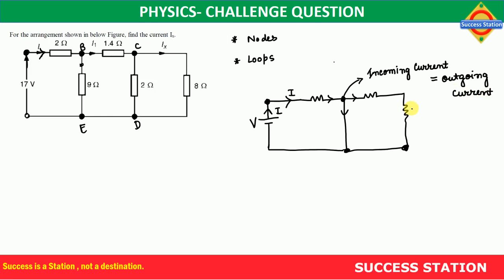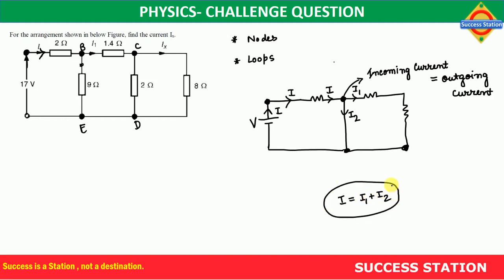Always equal, because flow of current is flow of charges. So if this is I1 and you take this as I2, in the node the current entering was I, so incoming current is equal to outgoing current from the node.